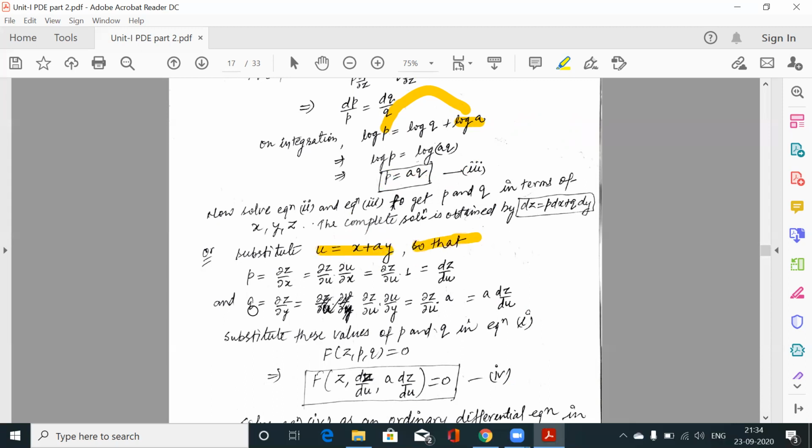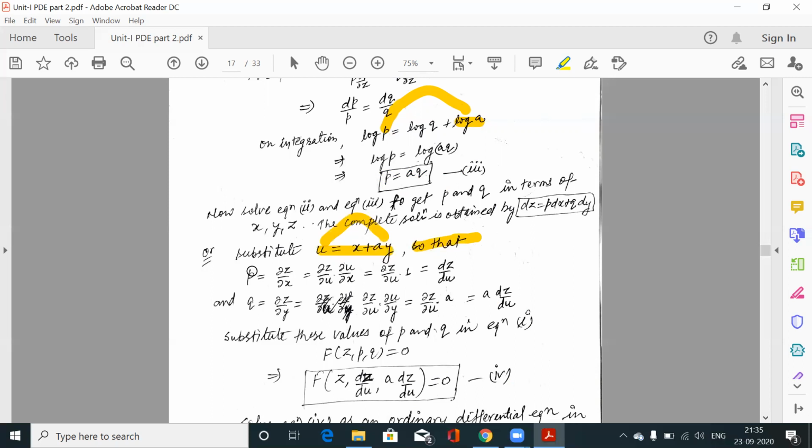Now we have used the transformation, we are transforming the variables. The x and y are the original independent variables. Now we are using u in place of x and y, so we are making our independent variable u. Now there is a single independent variable u, instead of two independent variables x and y.